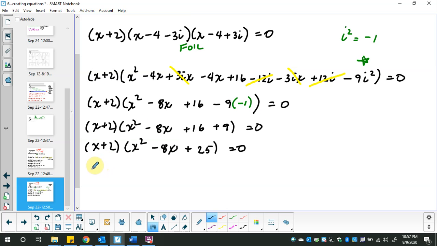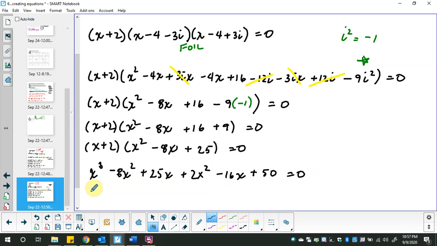So normal FOIL. X cubed. X times x squared. X times negative 8x. X times 25. 2 times x squared. 2 times negative 8x. 2 times 25. 2 times 3 is 1, 2, 3, 4, 5, 6.